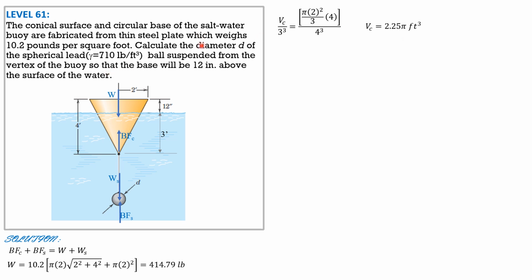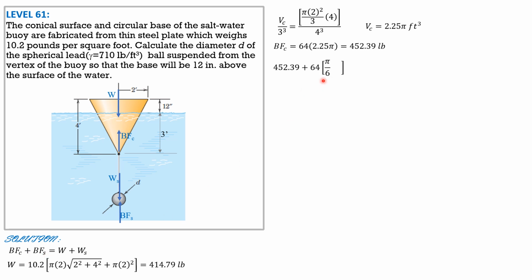The specific weight of salt water, remember, is 64 pounds per cubic foot. So substitute. The buoyant force in the cone equals 64 times the volume displaced, which is 2.25 pi cubic feet, so 452.32 pounds. So substitute into this equation.